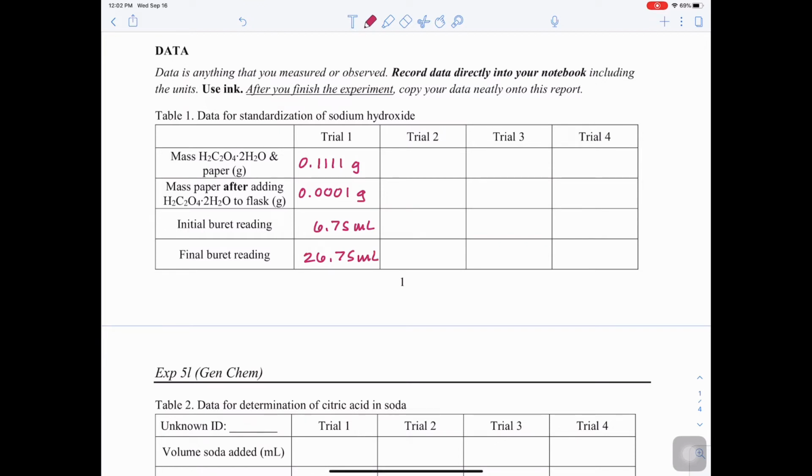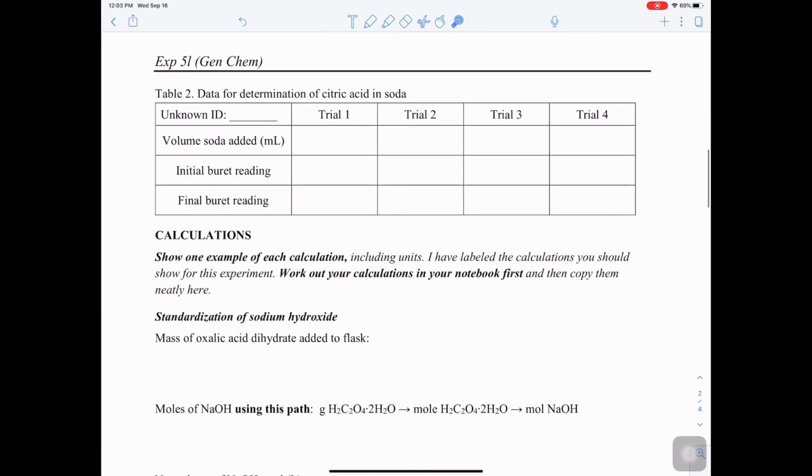So you're going to repeat the titration 4 times to get 4 trials. Then we take our soda and we're going to pipette 10 milliliters of soda into a flask.